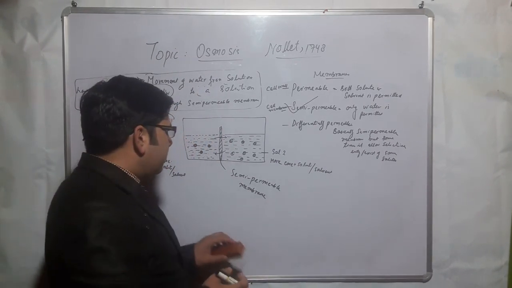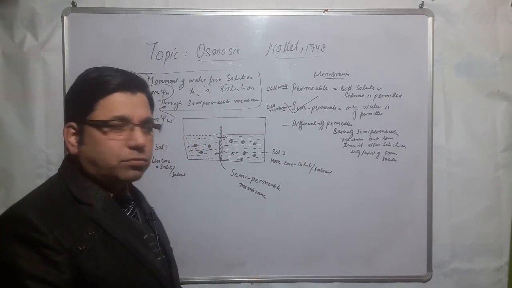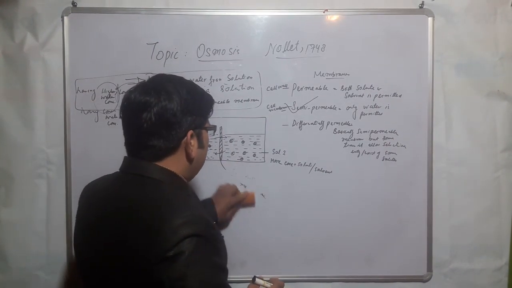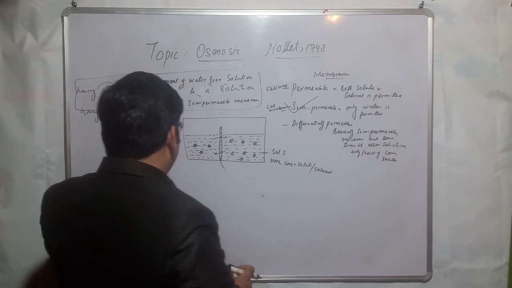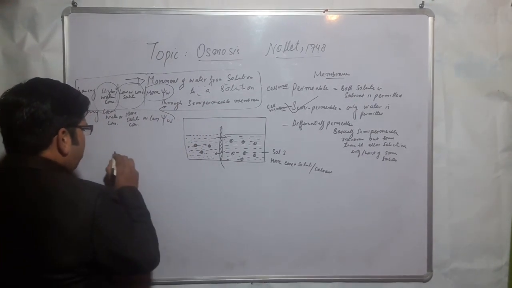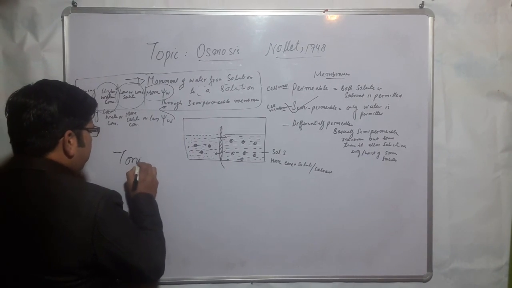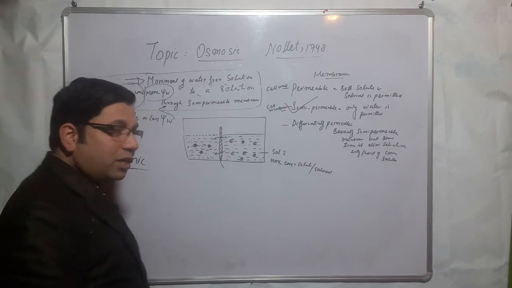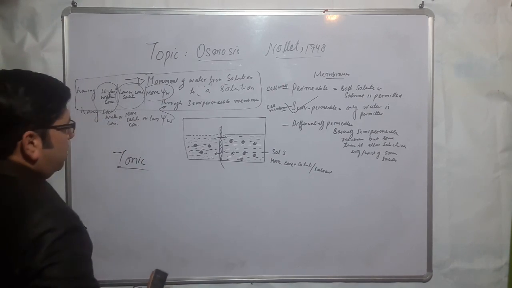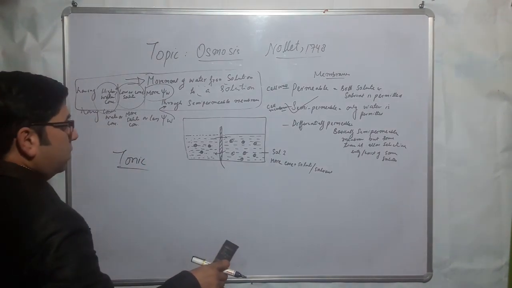So overall, we can say this solution is a hypertonic solution, because if we talk in terms of tonicity, there is a concept of tonic, that means solute concentration, and this is more important.